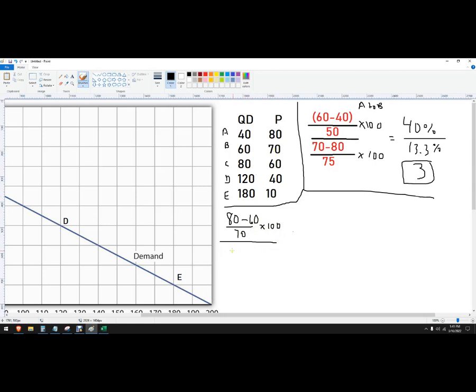So this would be 60 minus 70 over 65 times 100.